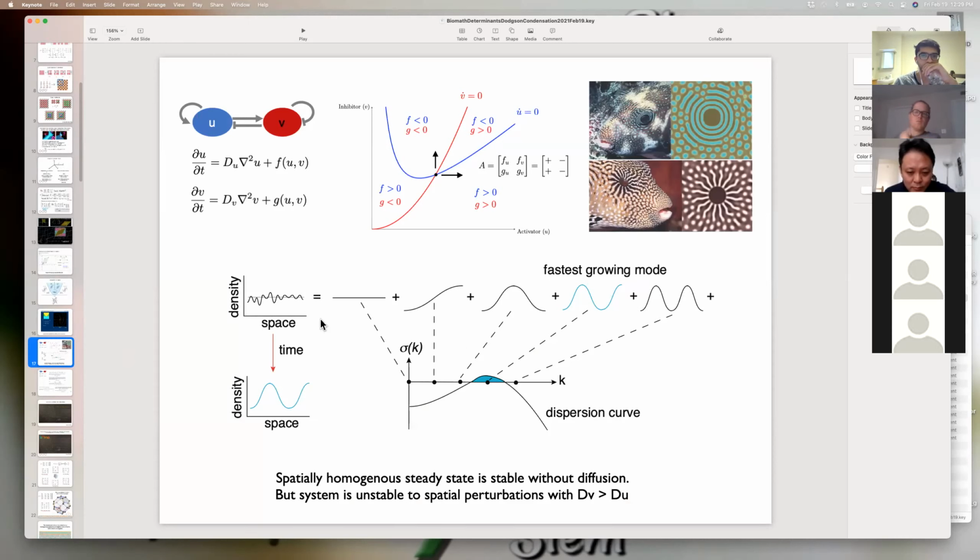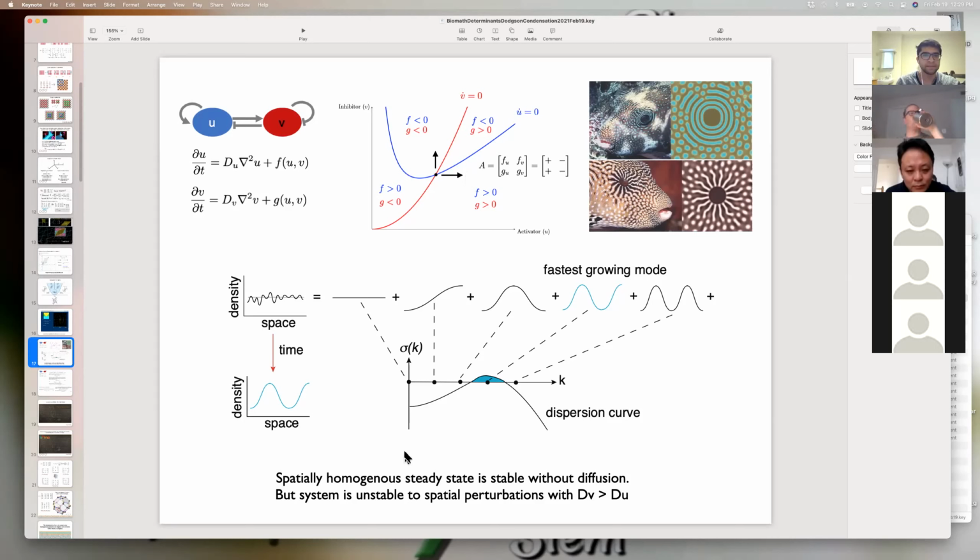Okay, so it's the determinant of the Jacobian matrix that you can calculate from the nonlinear reaction terms in a Turing type model. If you want it to be unstable, that determinant needs to go negative.